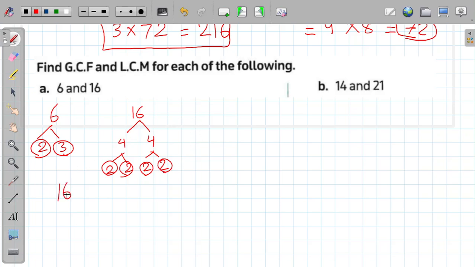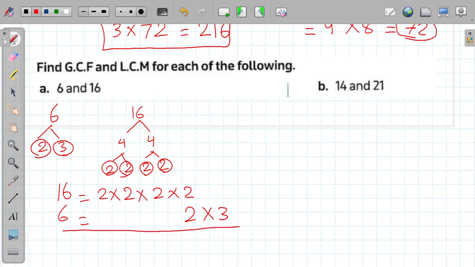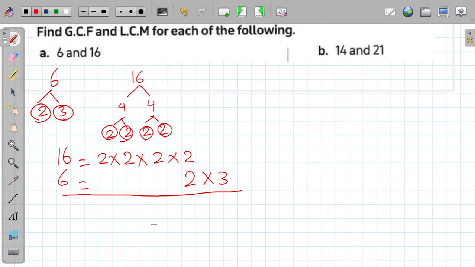So 16 equals 2 by 2 by 2 by 2, and 6 equals 2 by 3. So I will write 2 here, and next I have 3. So the greatest common factor here will be just 2, because it is a common factor between the two numbers.